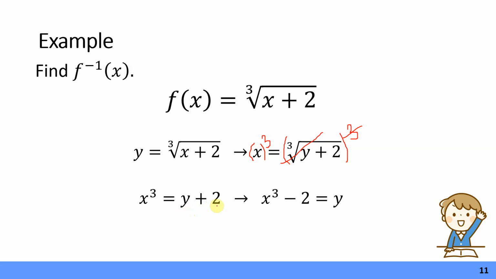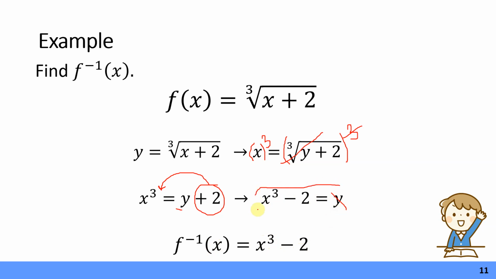Okay, so again, now you know how to get rid of roots. Super simple. Now, in order to leave the y by itself, all I'm going to do is just throw this 2 to the other side. And that's how I get x cubed minus 2 equals y. This is your final answer already, but in order for it to look pretty and in order for you to get full credit, this y is now replaced by f inverse of x, and then your answer, x cubed minus 2.